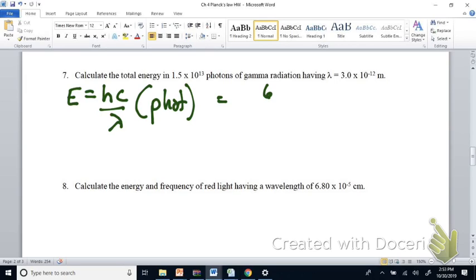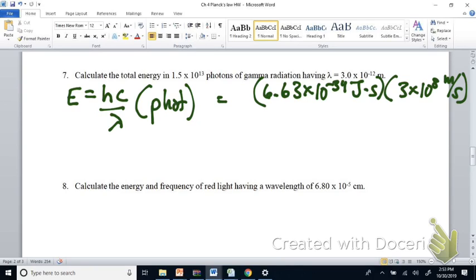So that's going to be 6.63 times 10 to the minus 34 joules times seconds times 3 times 10 to the 8th meters per second divided by 3 times 10 to the minus 12 meters.